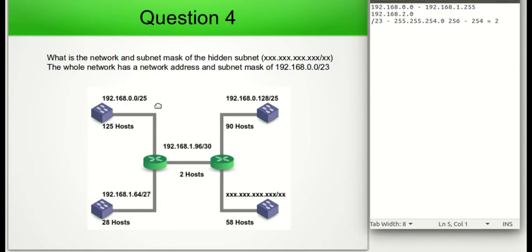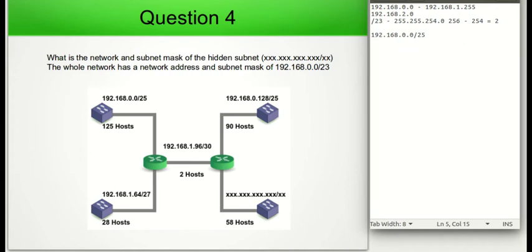Now I'm going to work out the range of addresses covered by each subnet. In this case, we're going to start with the largest and then work our way down. So we're going to look at this one, then this one, then this one, and then we're obviously going to look at this one last. So 192.168.0.0/25. Range of addresses covered.